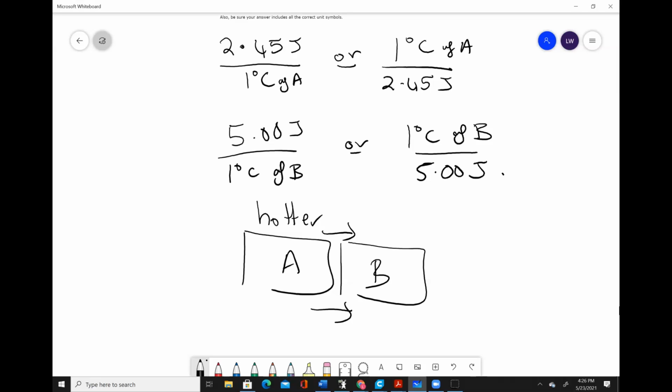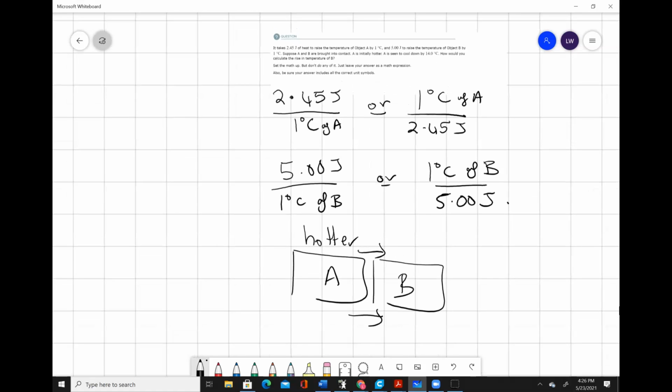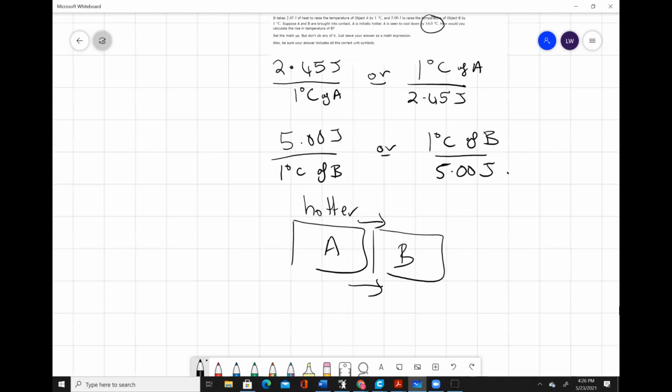You know this, if you put your hand on the hot plate on your stove, you don't go, oh my goodness, my hand is getting so cold, so much heat is flowing out of my hand into the boiling hot stove. What actually happens is you go, ouch, my hand got hot, because heat flowed from the hot stove into your cold hand. That's just kind of how it works, right? So A is going to get a little cooler and B is going to get a little hotter. And then it says A is seen to cool down by 14 degrees Celsius.